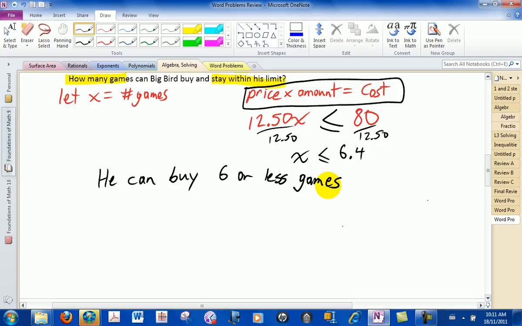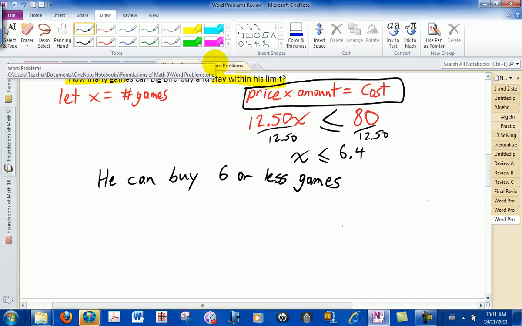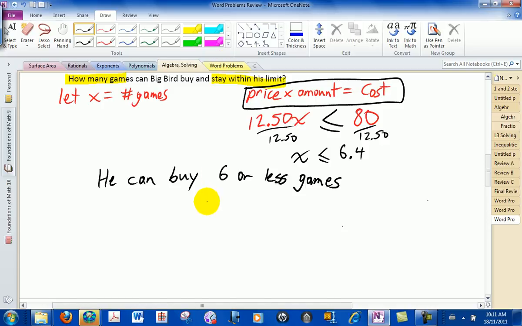No, because remember each game's 1250. That's kind of set. Okay, we're just looking for the number. Okay, Chris. He can afford up to 6 games. That's a good one. So he can buy up to 6 games.